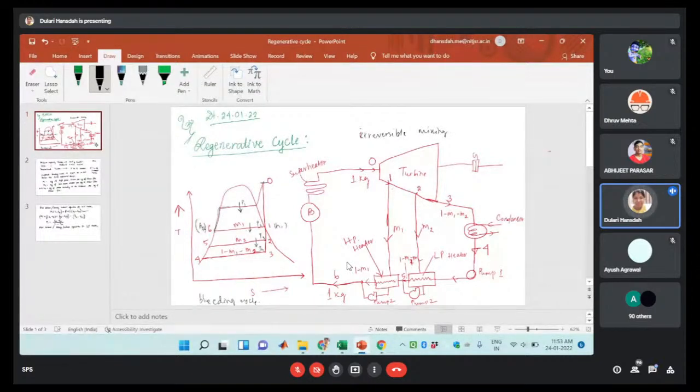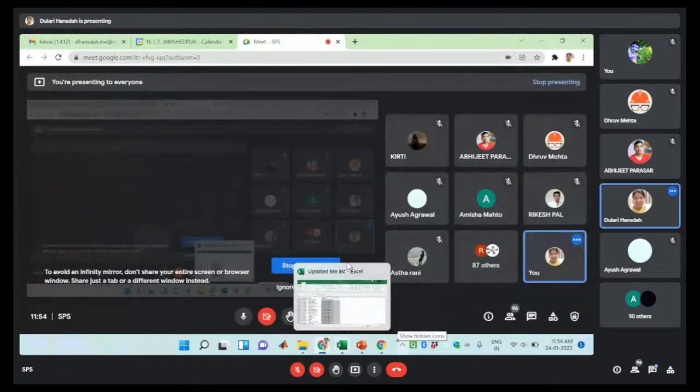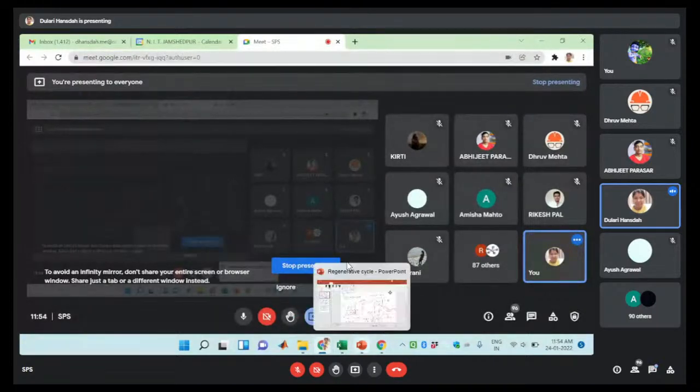So this is your M2. So this will be M2 into heat is added at this position, M2 into H2 minus HF5, right? Got my point? Okay.